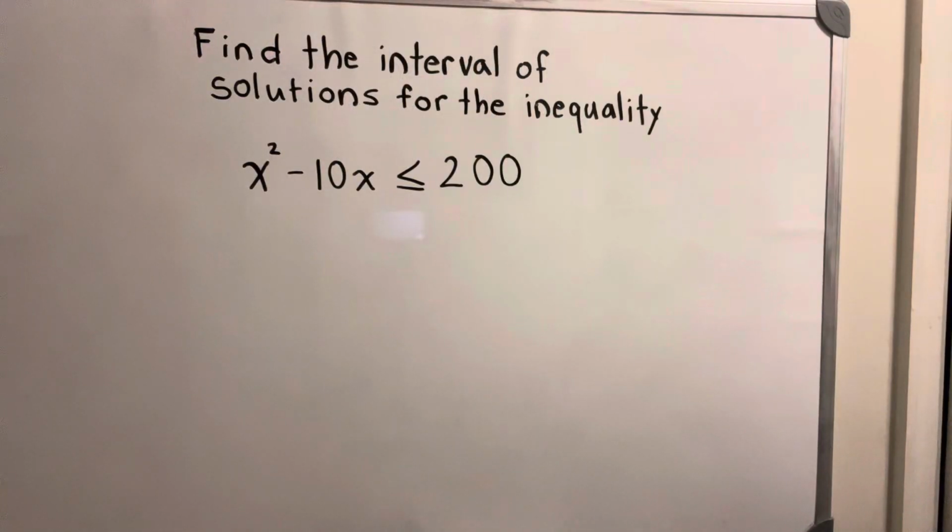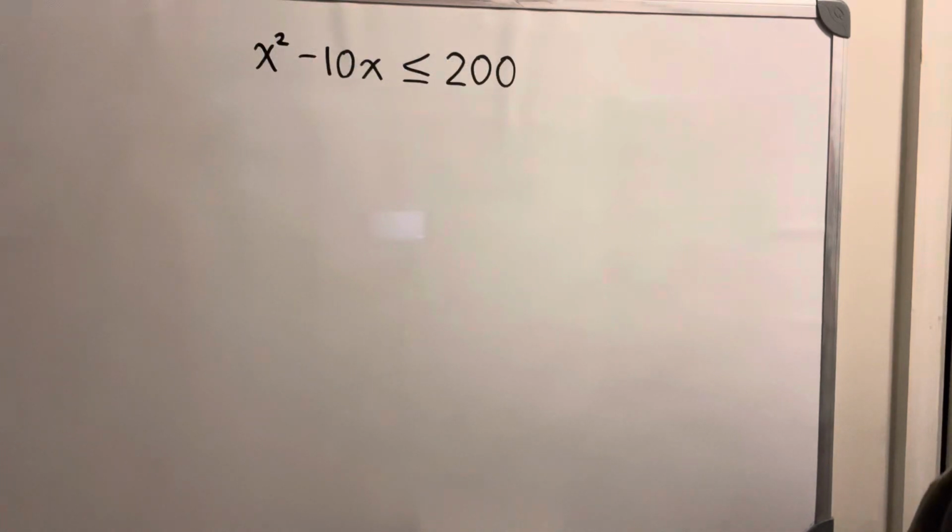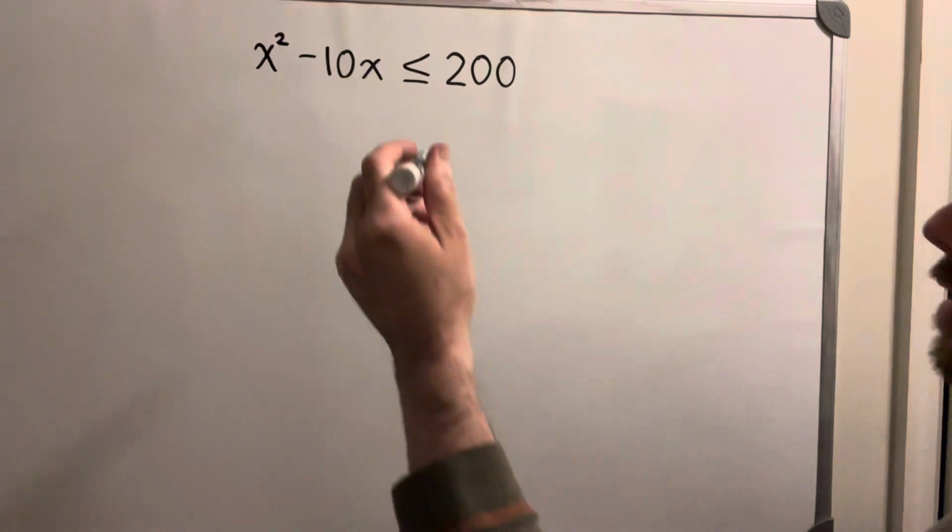This problem says find the interval of solutions for the inequality x squared minus 10x is less than or equal to 200. You could solve this problem a number of different ways. What I'm going to do is move over the 200 so that the problem becomes this.